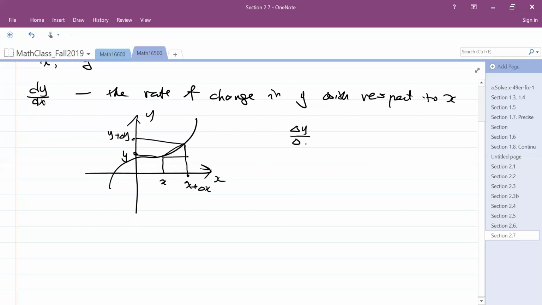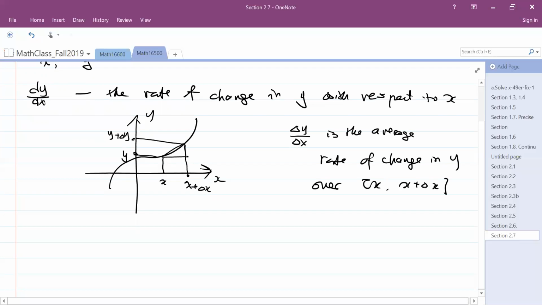Delta y over delta x is the average rate of change over that interval when x goes from x to x plus delta x. So this is the average rate of change in y over the interval from x to x plus delta x.